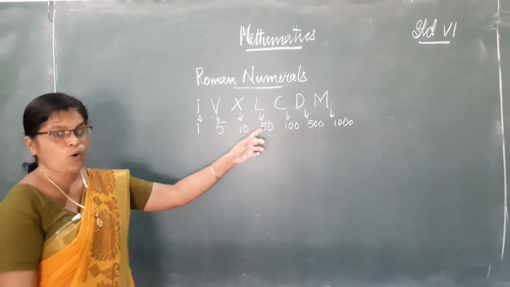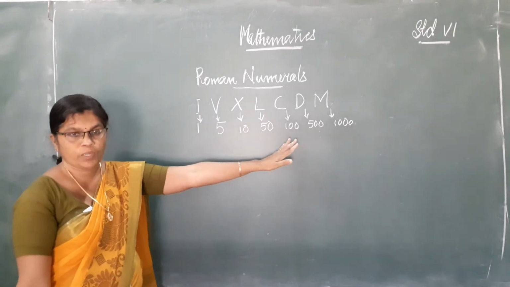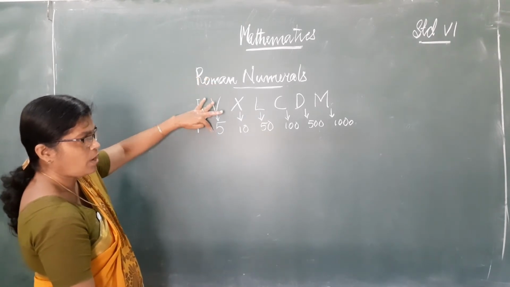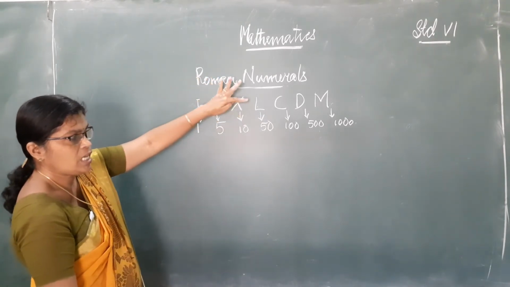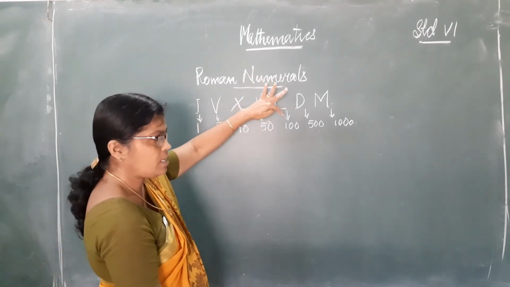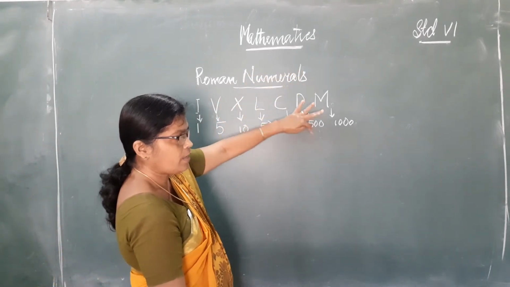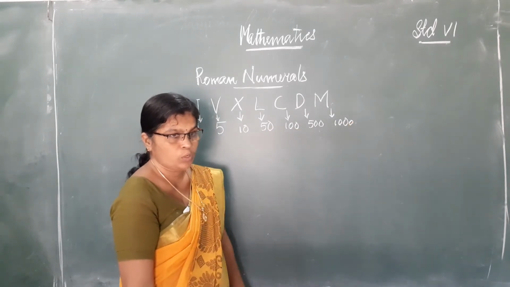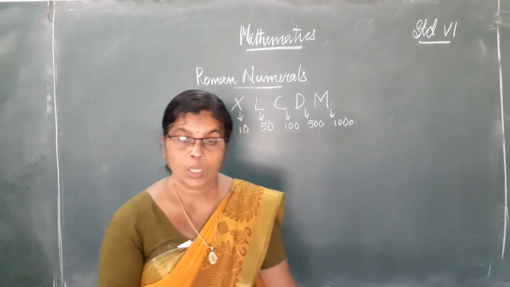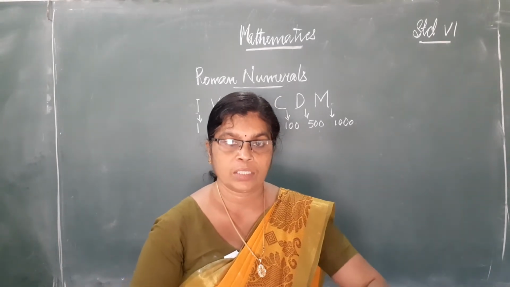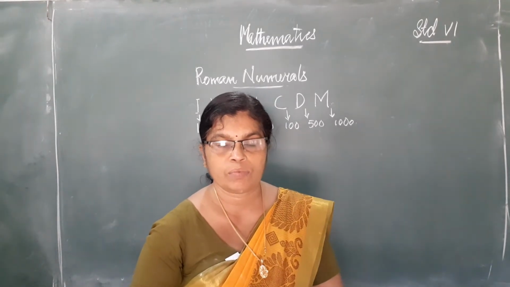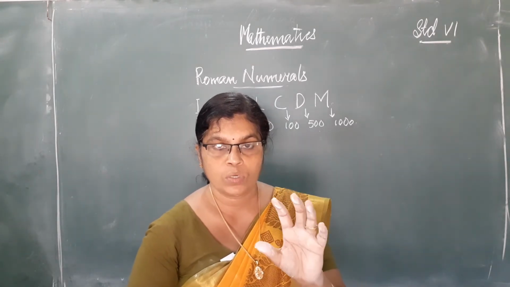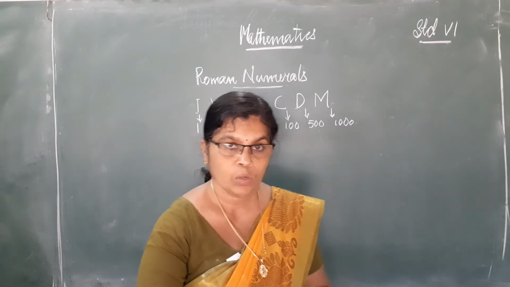Using all these symbols we can write the Roman numerals. I means 1, V means 5, X means 10, L means 50, C is 100, D is 500 and M is 1000. For writing the Roman numerals we have to follow certain rules. Then we can write so many numbers, whatever numbers we want, if we follow some rules.